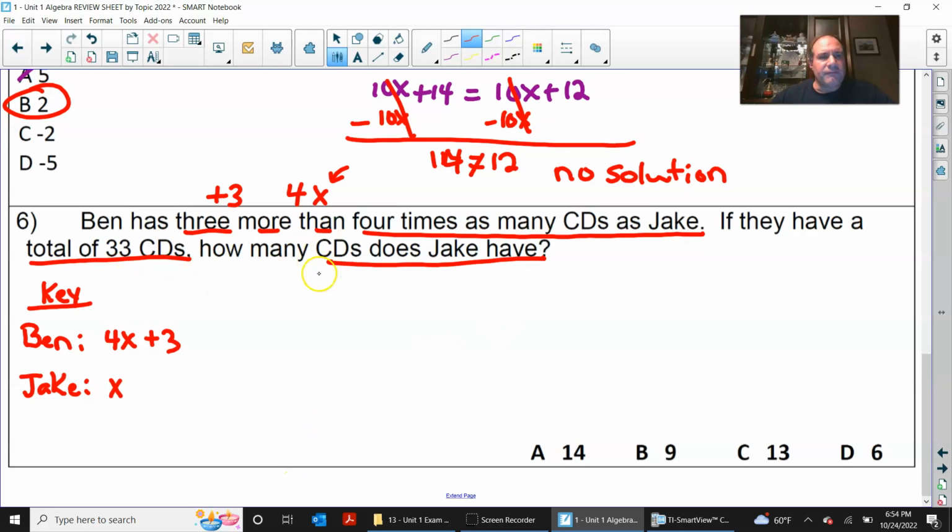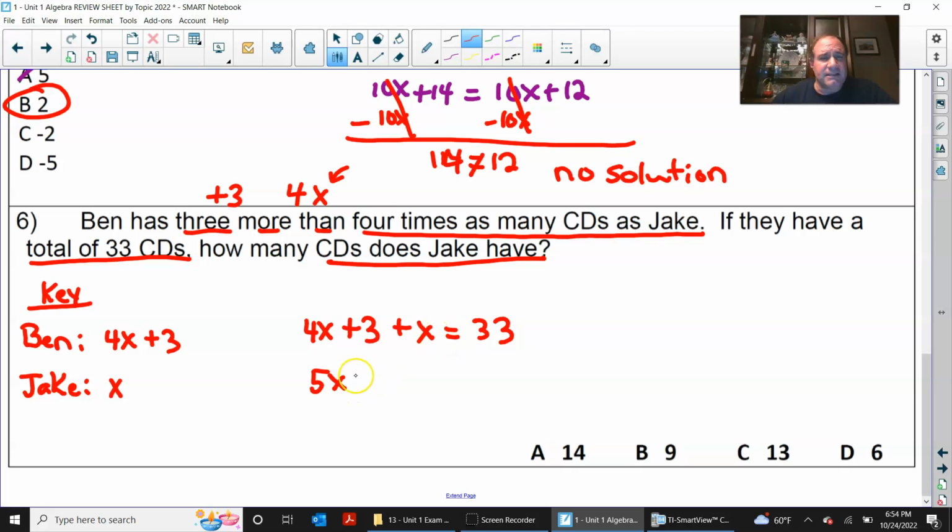If they have a total of 33 CDs, obviously you're going to put 4x plus 3. I'm going to make an equation up. Plus x equals a total of 33. It's asking how many CDs does Jake have. So we're just going to solve for x here. So we have to combine like terms.